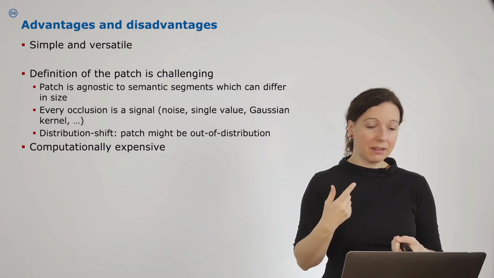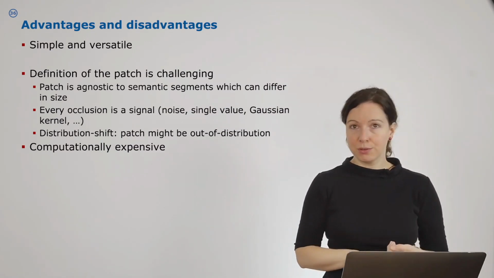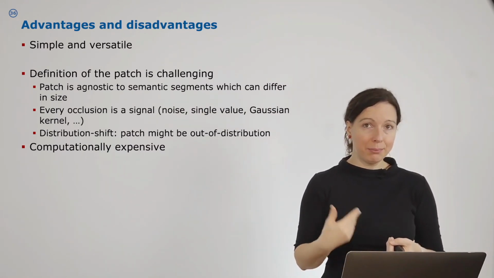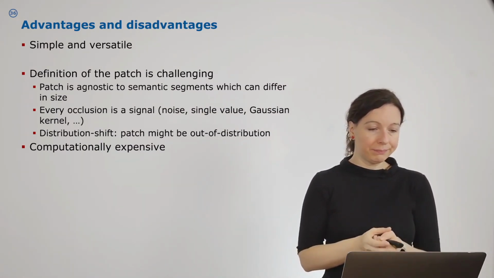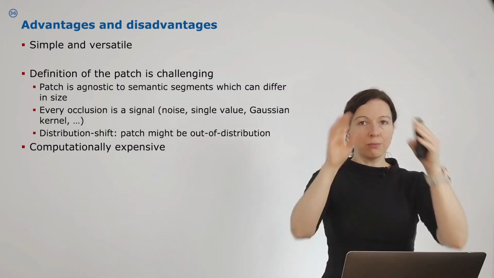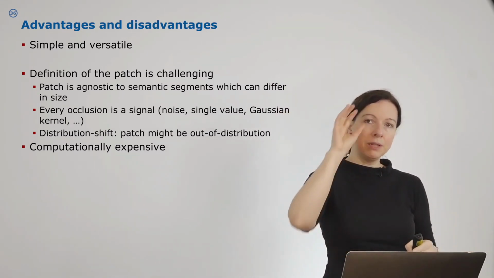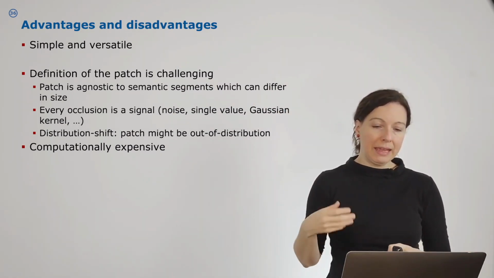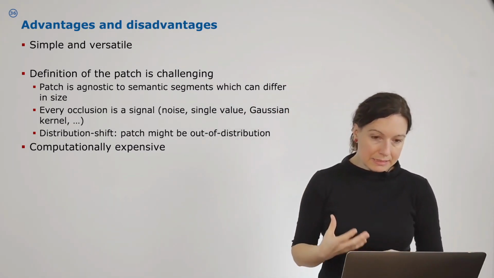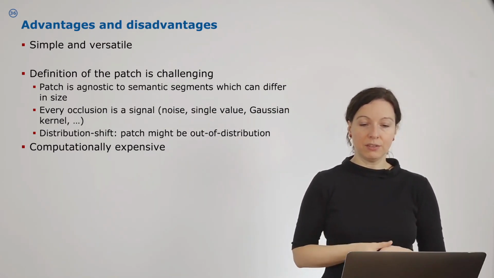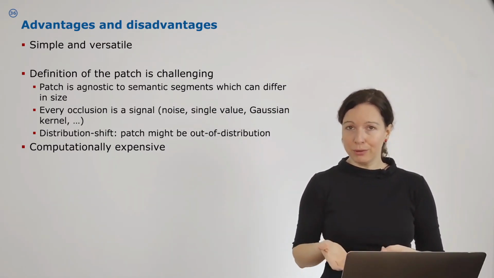So you have the problem of distribution shift. The patch, the covered up image, might be out of distribution. With patch, I mean the whole image. And when you cover something up, this might be out of distribution. It means that the changed input is no longer in the data distribution we trained the model on.